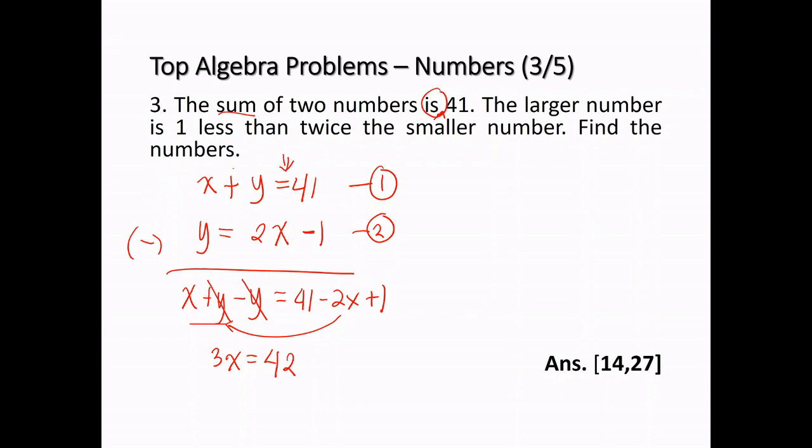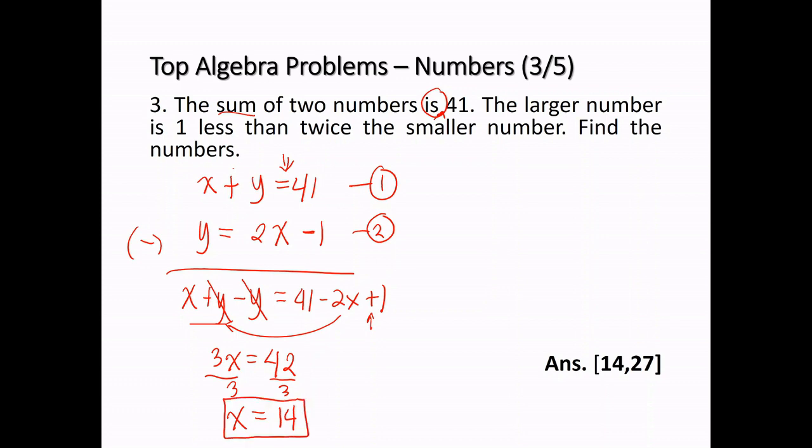So be careful with this. Most of the time this is a difficulty, or we need to check again our equation. Divide both sides by 3, and x is 42 divided by 3, which is 14. So x, the smaller number, is 14.